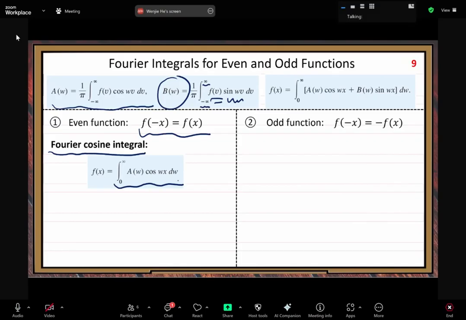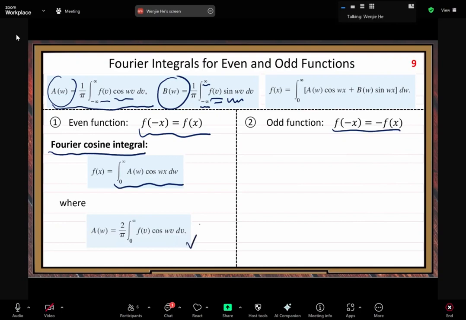We call this the Fourier cosine integral. Similarly, the Fourier sine integral. This time, f is an odd function. When you calculate the capital A function, odd function times even function is an odd function. You take the integral on a symmetric interval, cancellation, it's 0.